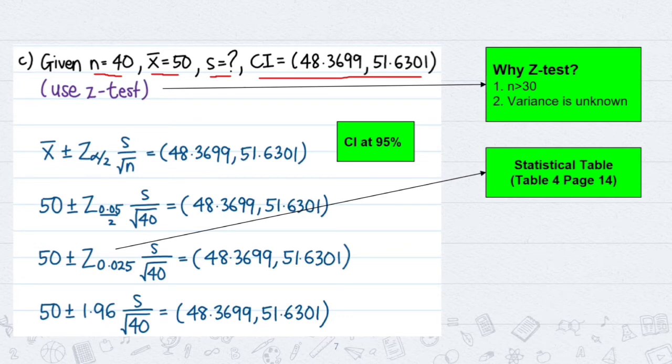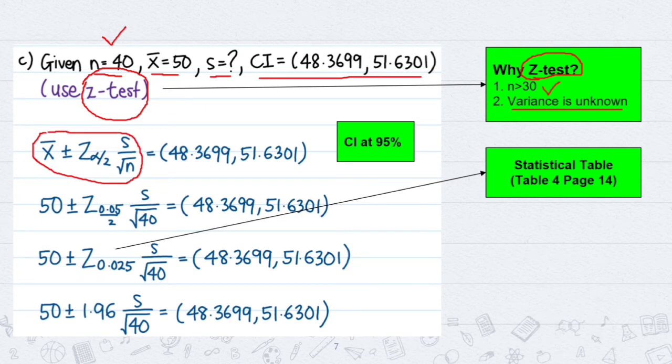In this case, we use the Z-test. Why Z-test? Number 1, n is equal to 40, which is greater than 30. Number 2, variance is unknown. The question doesn't provide us the value of variance. Therefore, when these two conditions are fulfilled, we must use the Z-test and apply this formula.